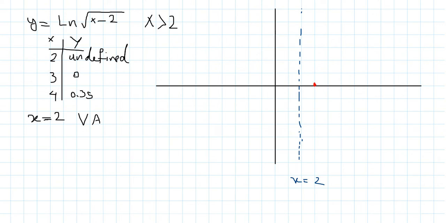If x is 4, y is 0.35. Here. So easily I can draw it. Suppose that it passes from here. It's better. It is my graph. Now let's go to the next example.